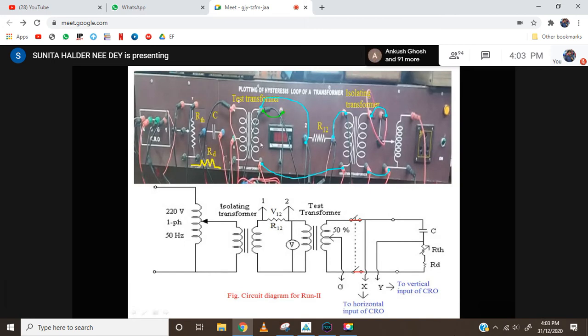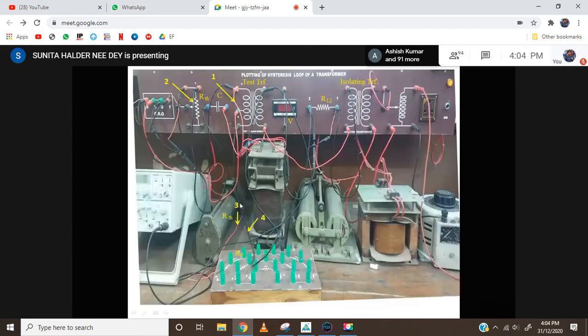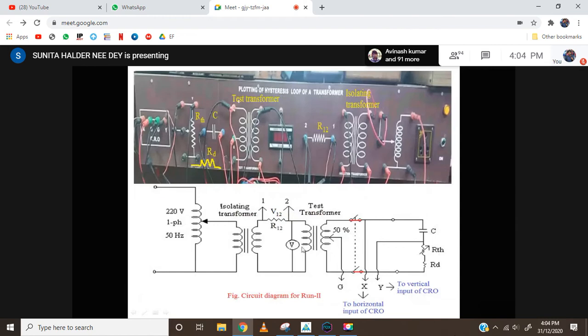The voltmeter is there. The secondary should be connected to C, then to R. Then there is an RD that I have shown on the table, and from RD it is connected back to the transformer secondary.